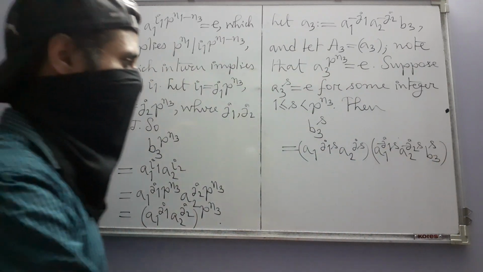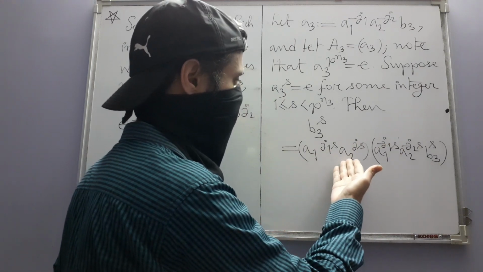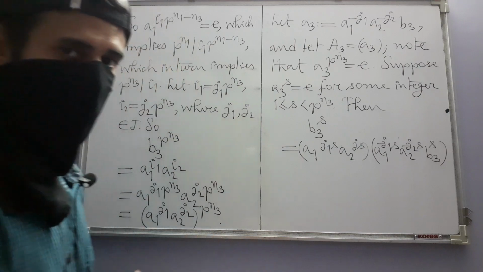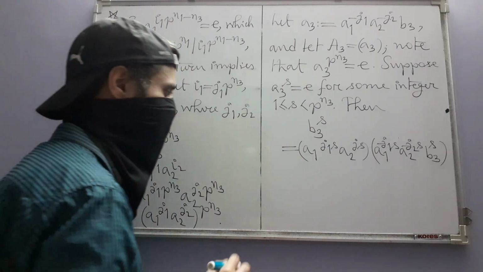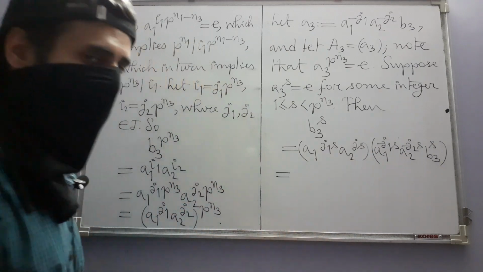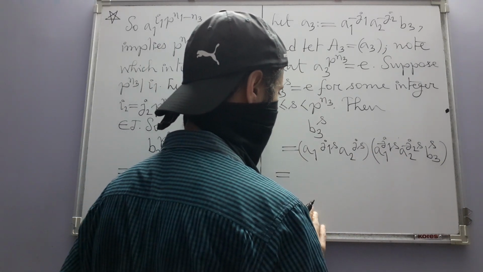And note that you do not have to care for the order in which you write. Of course, with a2 you are getting a1, but you can switch the order because we are in an abelian group. Otherwise, this will give you a wrong result. In a generally non-abelian group, you cannot do this.